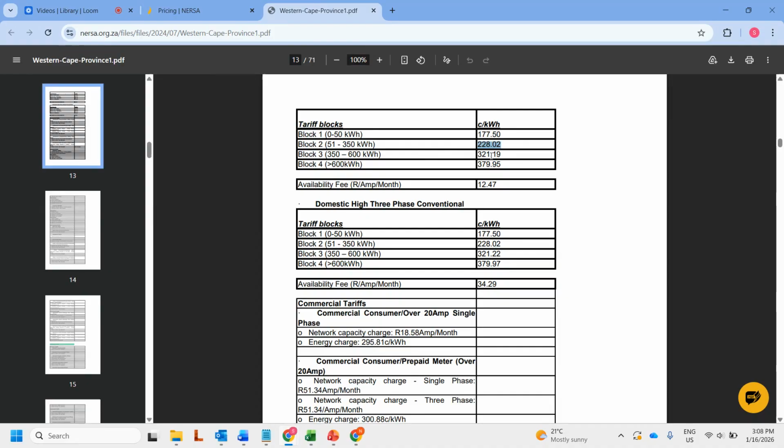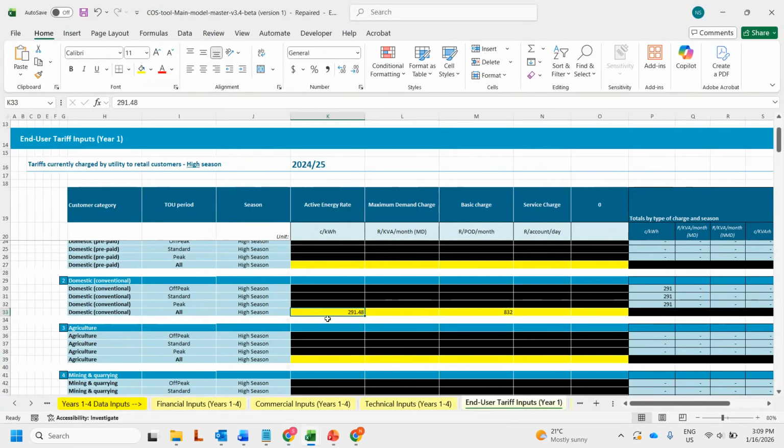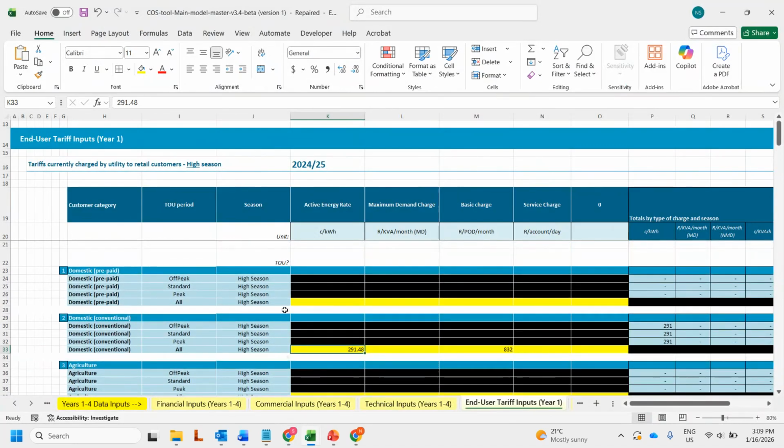So in this case, you would put in the 228 cents per kilowatt hour. So those are a couple of examples that you might come across in domestic customers.